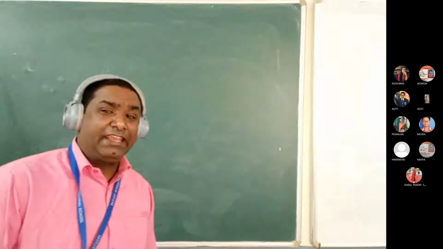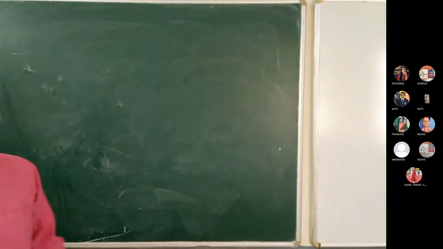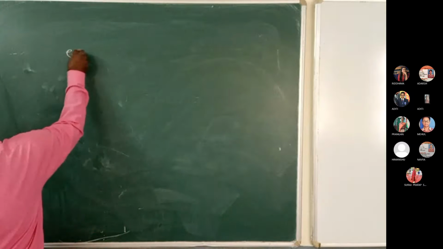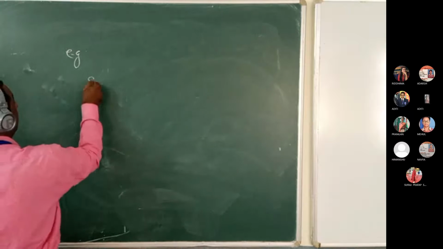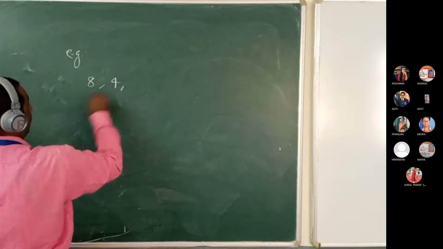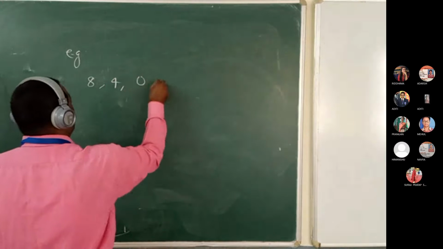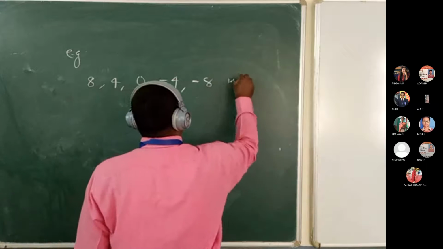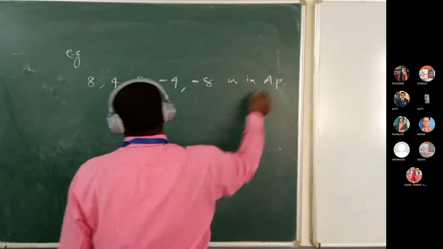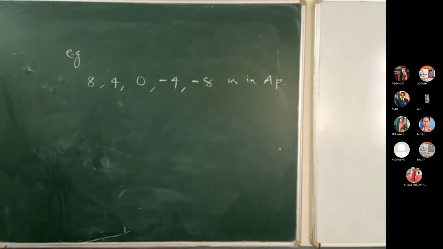You can take any example, for example, 8, 4, 0, -4, -8 is in AP. Is that okay? This is in AP?